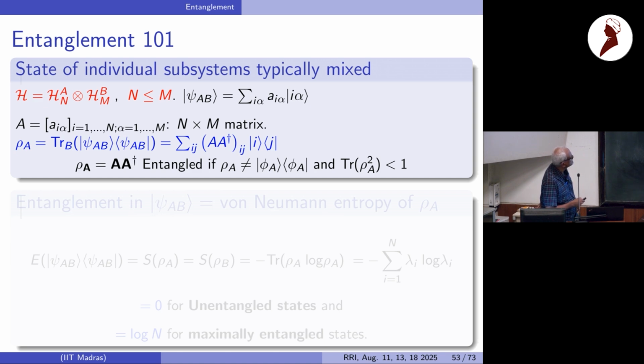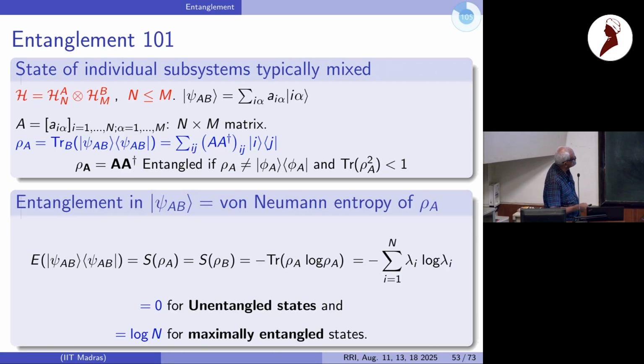And the state will be entangled if this density matrix itself is not a pure state. Because if this was a pure state itself, psi AB, then tracing out the other one will still be a pure state because it's a product of pure states. So as long as this density matrix is not a pure state, that is trace of rho squared is less than 1, then the state is entangled.